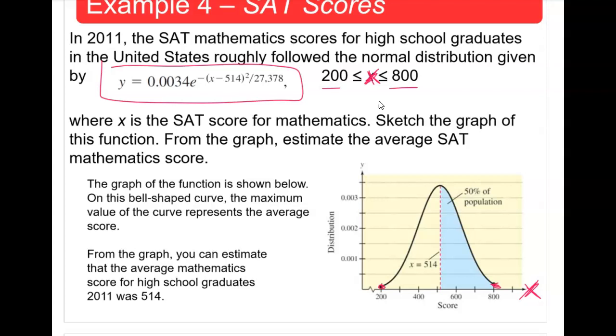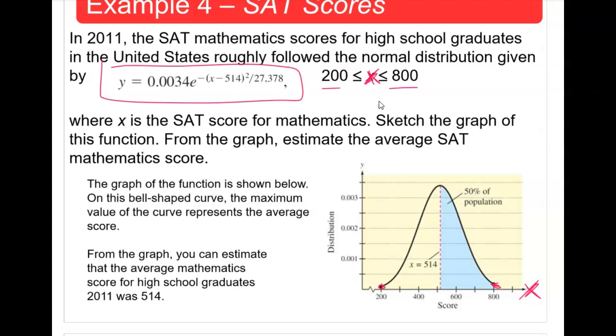So it says where x is the SAT score for mathematics, and then it says sketch the graph of this function. From the graph, estimate the average SAT mathematics score. So the graph of the function, you see it on your right, and it is a bell-shaped curve, and the maximum value represents the average score.